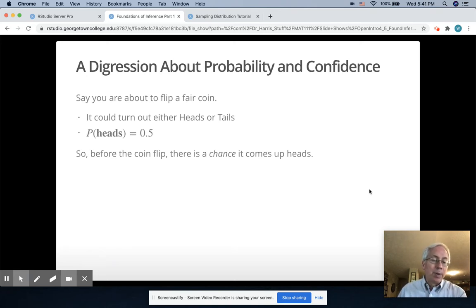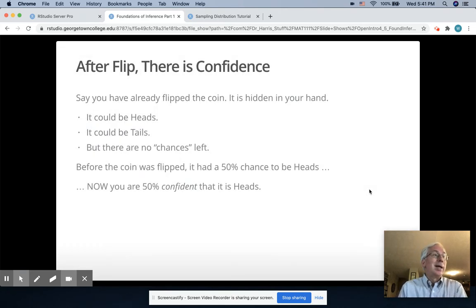If you were about to flip a coin, you know that if it's a fair coin, then there's a 50-50 chance that it comes up heads or tails. So we'll say the probability of getting a head in a single flip of a coin is 0.5. So we have a probability before we flip the coin. But if I take the coin, flip it, and stick it on my arm covered up, the coin is either heads or tails at this point. It's not going to change.